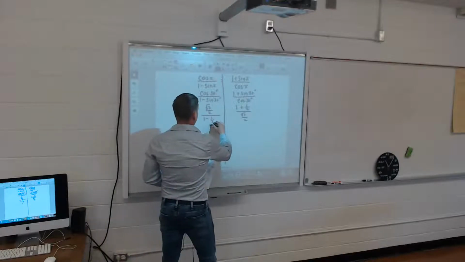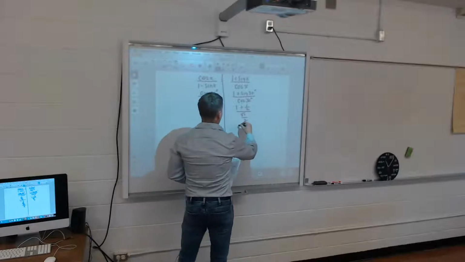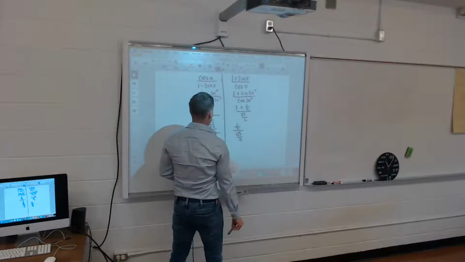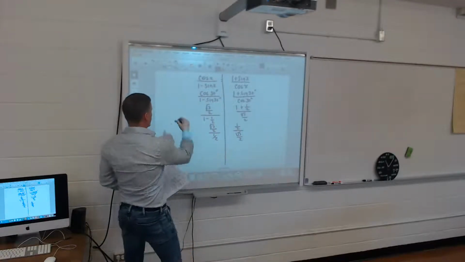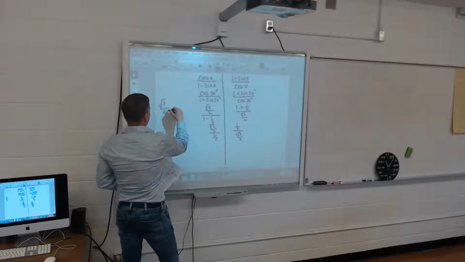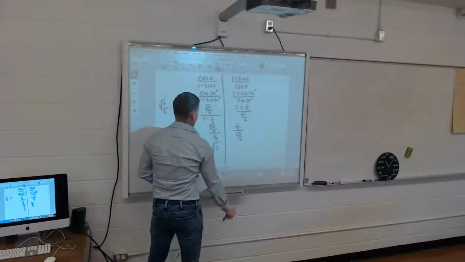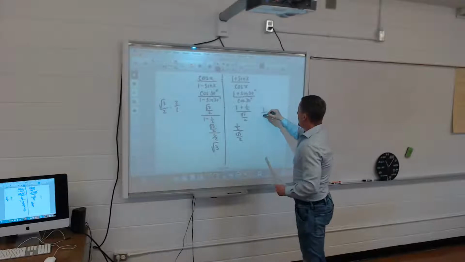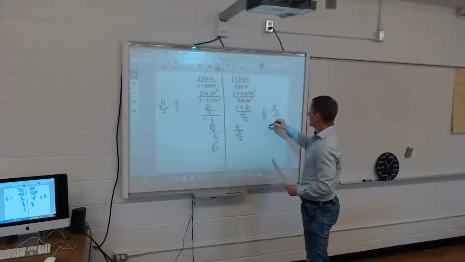So this is root 3 over 2 over a half. This is a half over root 3 over 2. So when I multiply these, I get root 3 over 2 times 2 over 1, which is root 3. When I multiply these two, I get a half times 2 over root 3, which is 1 over root 3.